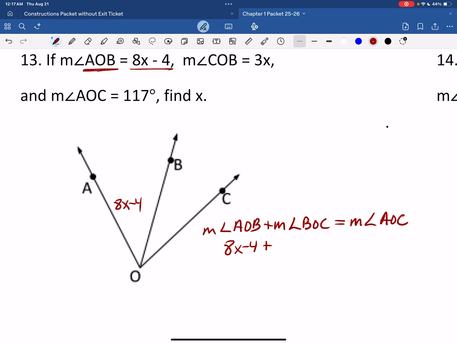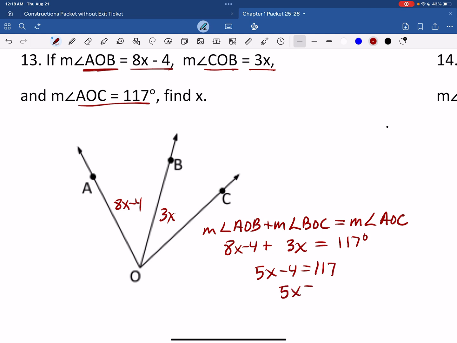And it says that COB is 3x. So plus 3x. And then AOC is 117 degrees. All right, so now let's solve. 5x minus 4 equals 117.